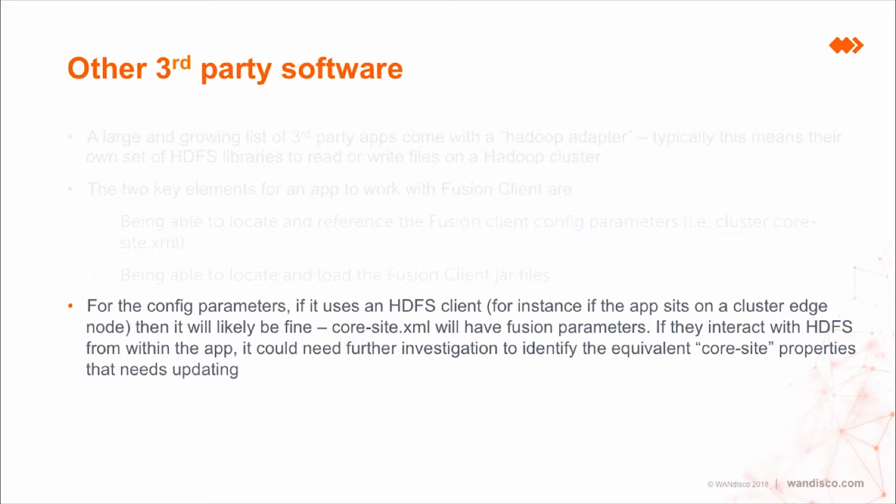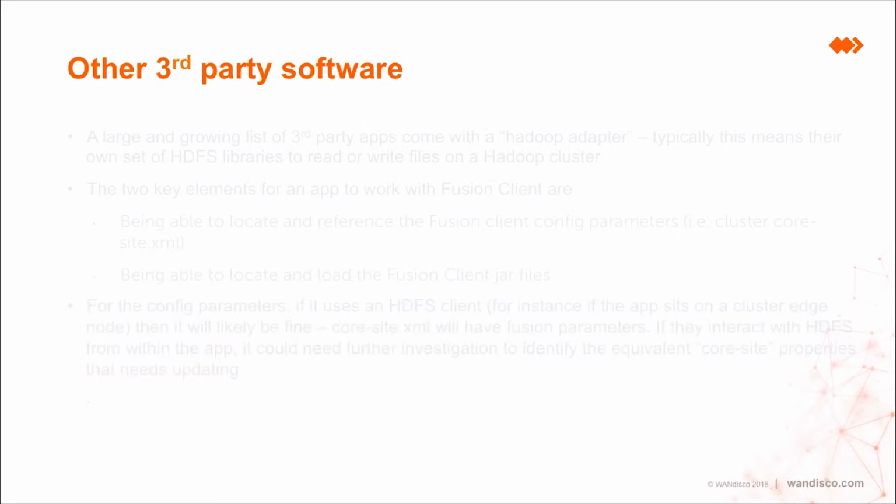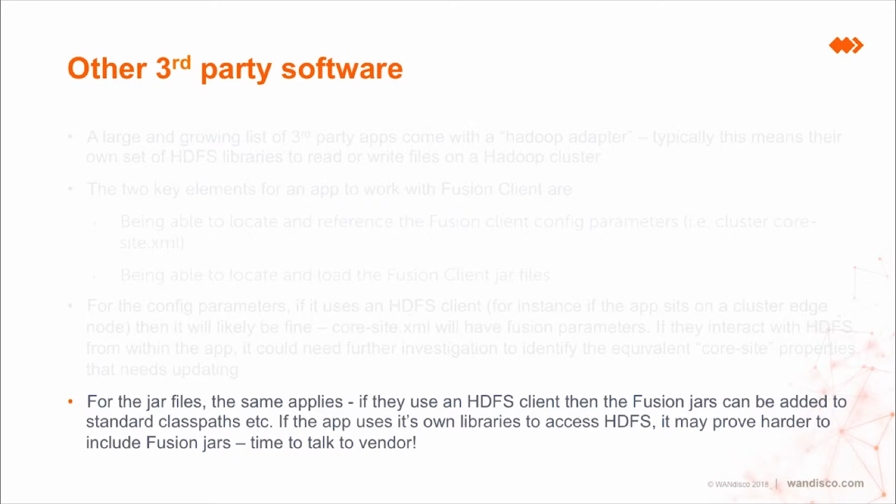For the config parameters, if it uses an HDFS client, for instance the app sits on a cluster edge node, it should be okay. The core-site.xml will have the Fusion parameters. If they interact with HDFS from within the app, it could need further investigation to identify the equivalent core-site properties that need updating. For the jar files, the same applies. If they use the HDFS client, then Fusion jars can be added to standard classpaths.